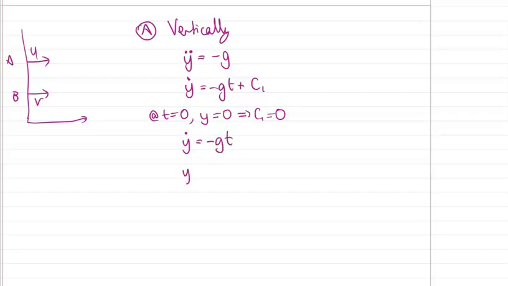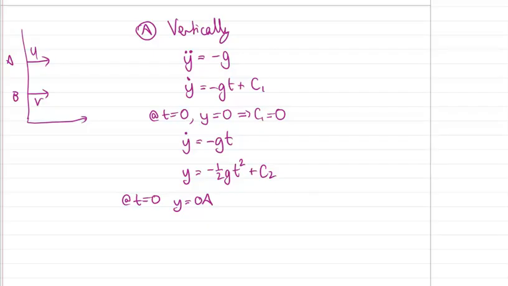Now let me differentiate again to get to y. Y is negative a half gt squared plus some other constant which I'll call C2. I know that at t equals 0, my displacement is the height from O to A. I'll just call that OA for the time being.